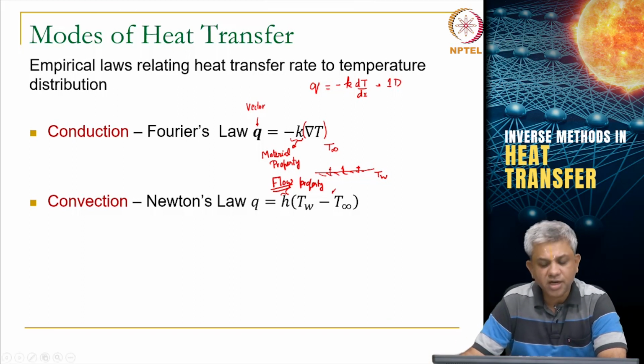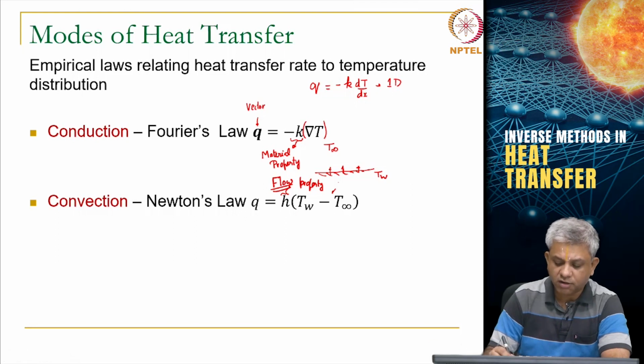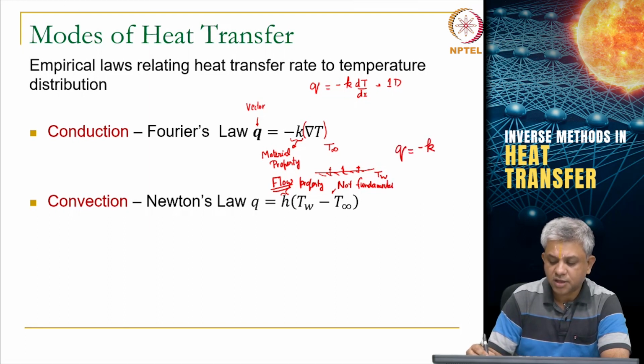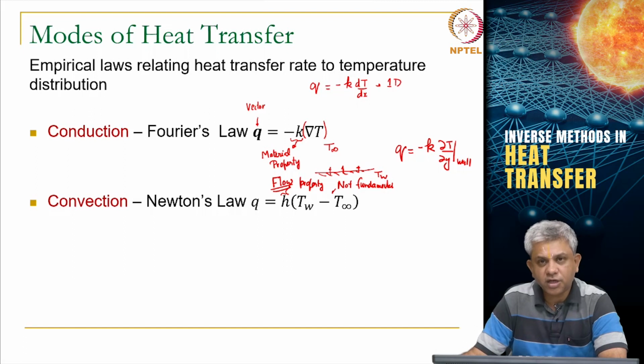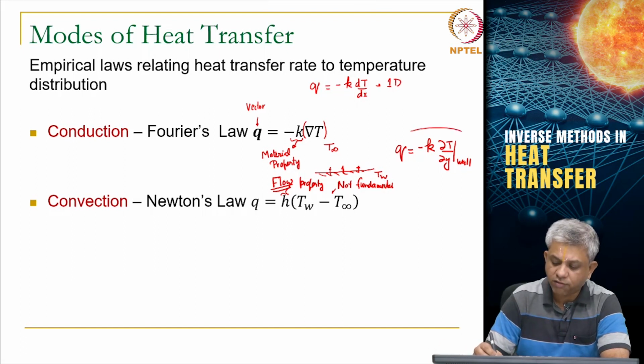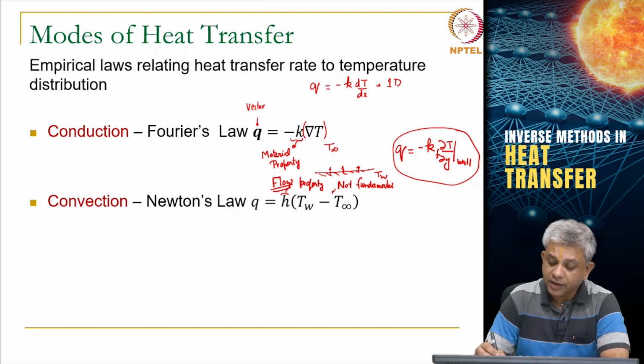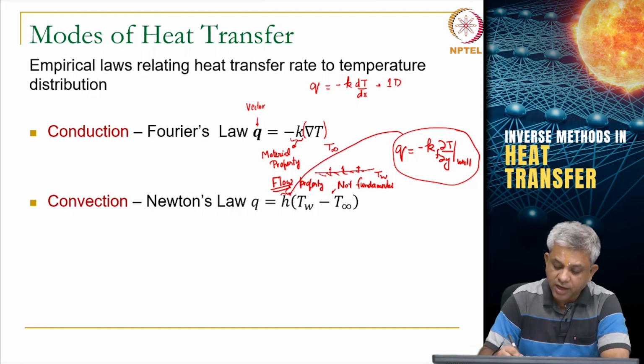That is because this is not a fundamental definition. Q equal to h (Tw minus T infinity) is not a fundamental definition at all. The actual definition of Q is minus K ∂T/∂y calculated at the wall. Now, actually it is this K of the fluid times ∂T/∂y at the wall, from here that we can actually calculate h.